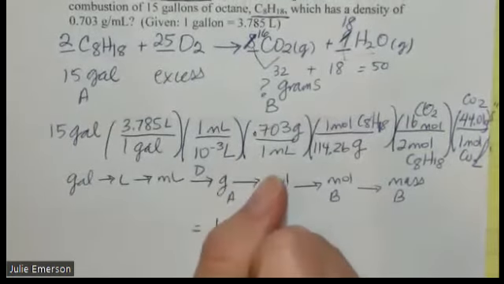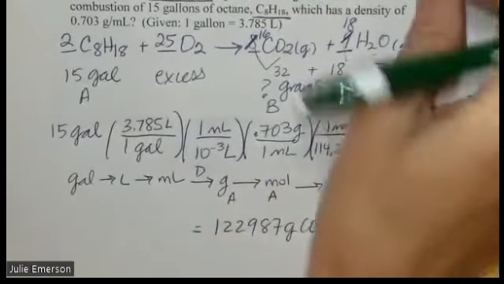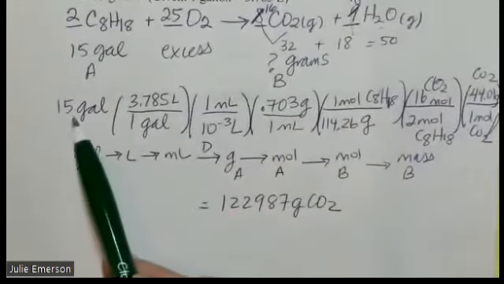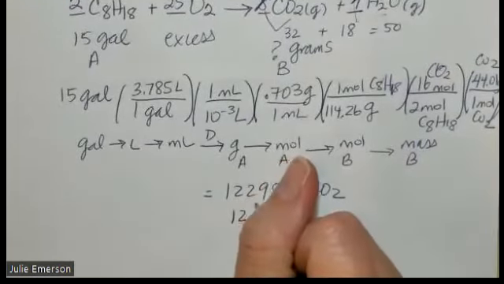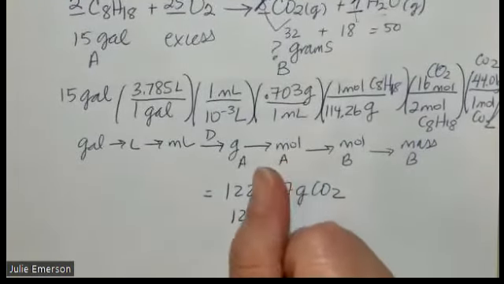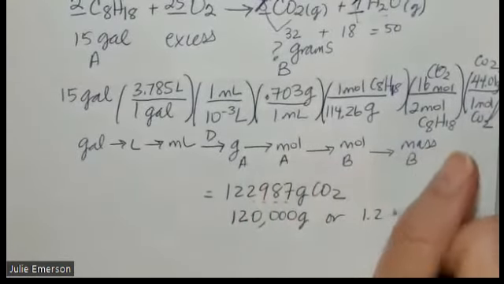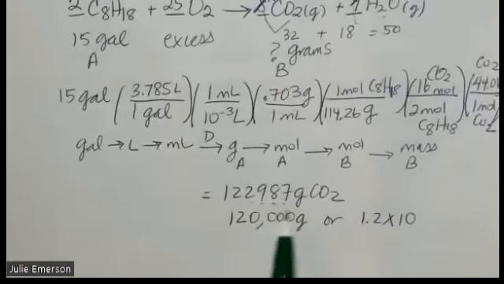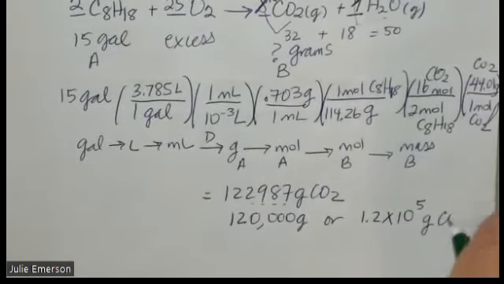Calculator gives me 122,987 grams of CO2. If I'm thinking about 2 significant figures, 1, 2, and then replacing 1, 2, 3, 4 digits with zeros, or 1.2 in scientific notation, right? We're moving it 1, 2, 3, 4, 5 to the left, so positive 5 on the exponent.